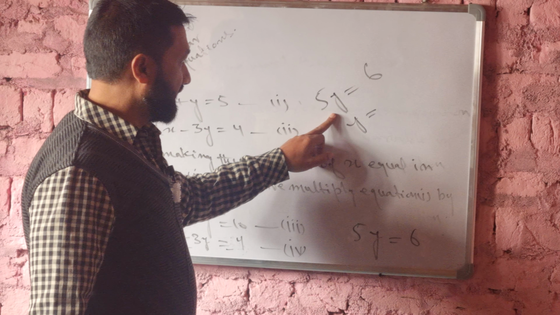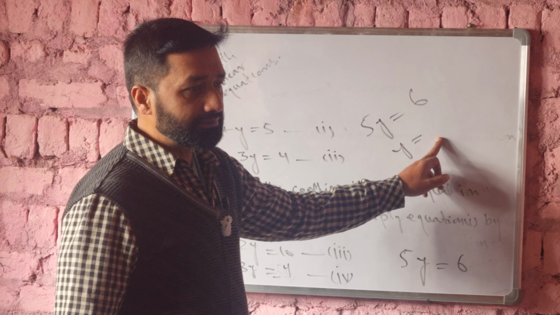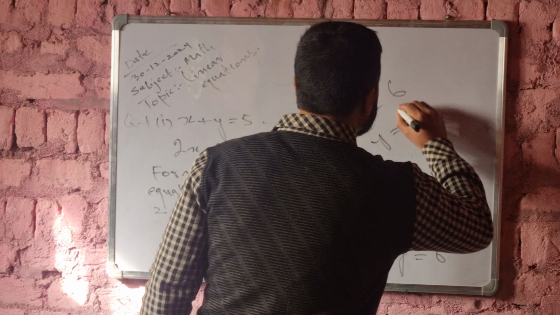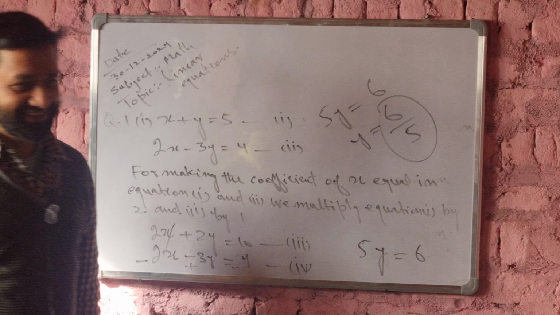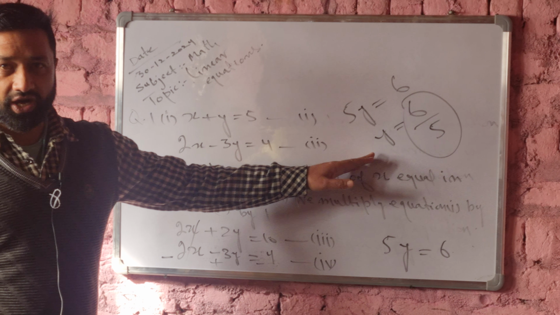When we take it from the left hand side to the right hand side, it becomes divided by. So 6/5 is the value of y. Thus we are able to find the value of y.